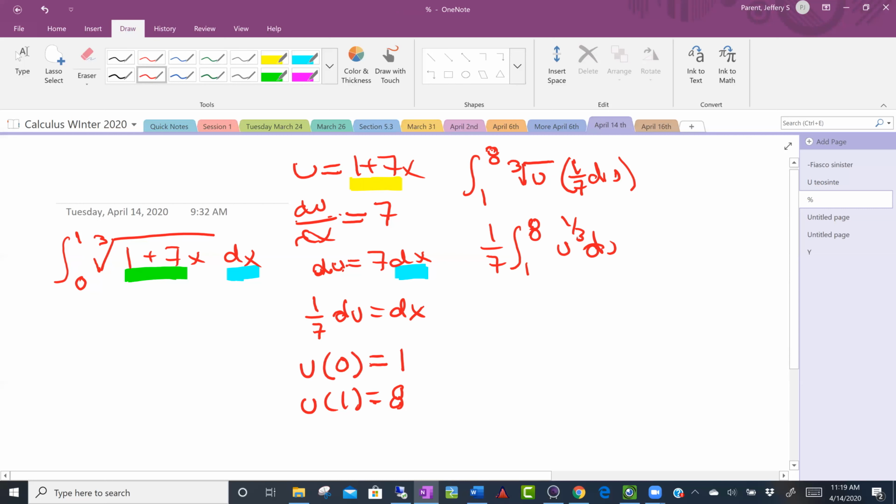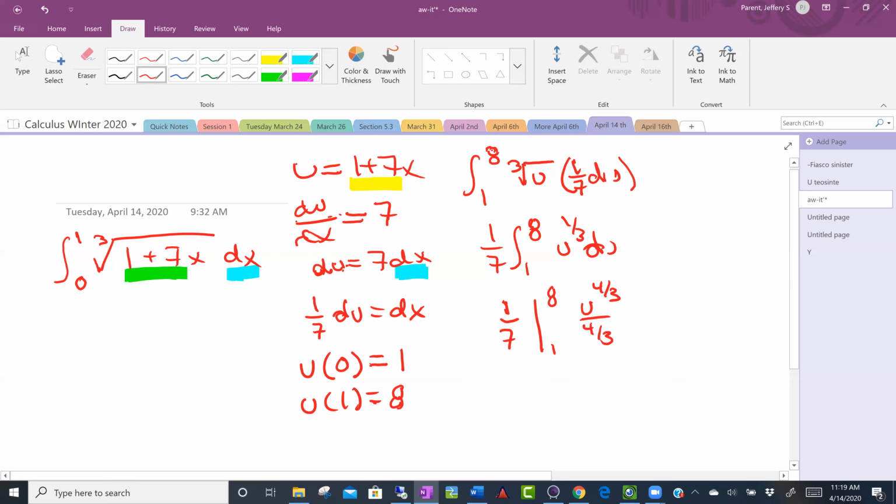So now you're at a point where you can find an antiderivative. We'll add 1 to the exponent. So it's going to be 1/7 times the antiderivative, which is going to be U to the 4/3 divided by 4/3.